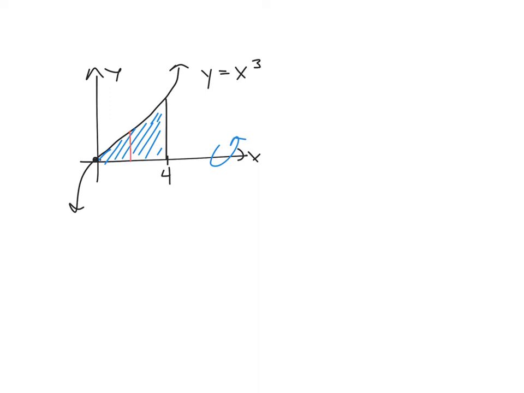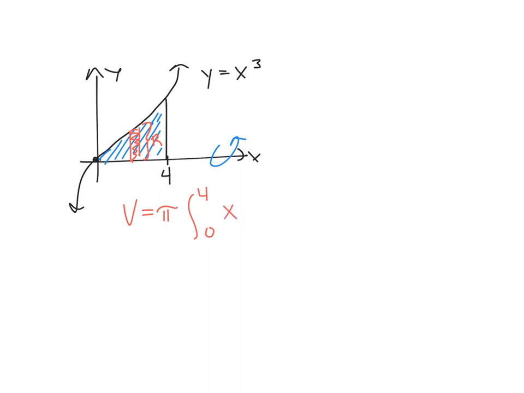Now here's what our rectangle will look like. And notice we have a big R, but there's no gap. There's no little r. So what we have is a full cylinder without the hole in the middle. So now our volume is pi times the integral from 0 to 4 of big R squared.